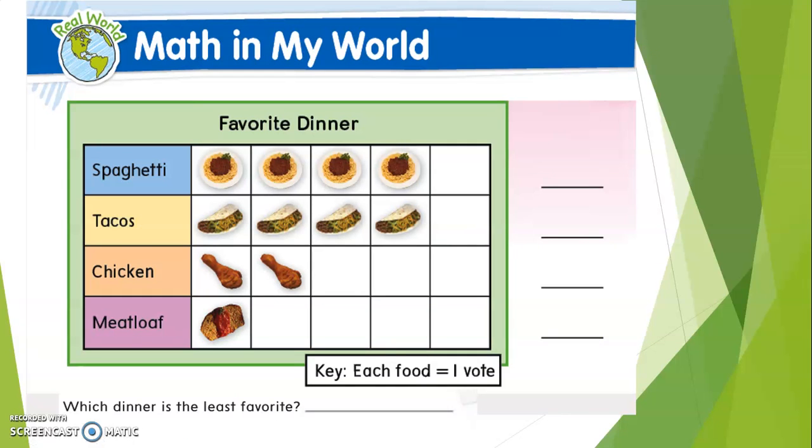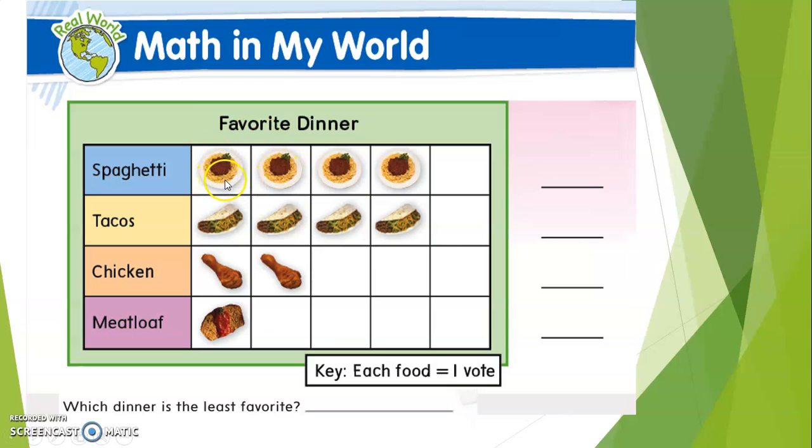Now here we have favorite dinners, and we have 4 kinds of dinners. We have spaghetti, tacos, chicken, and meatloaf. And here we have pictures of food for each kind of dinner. Now we need to count how many each one has.